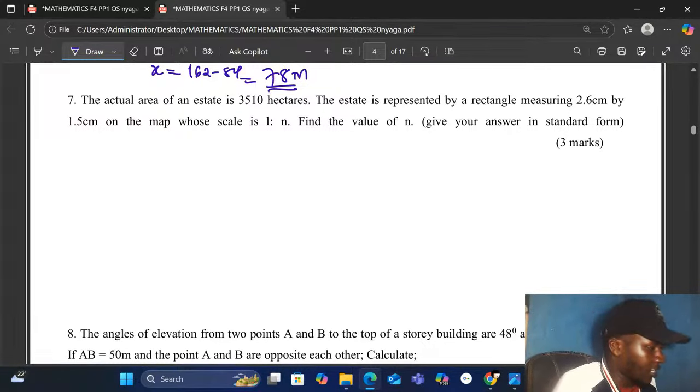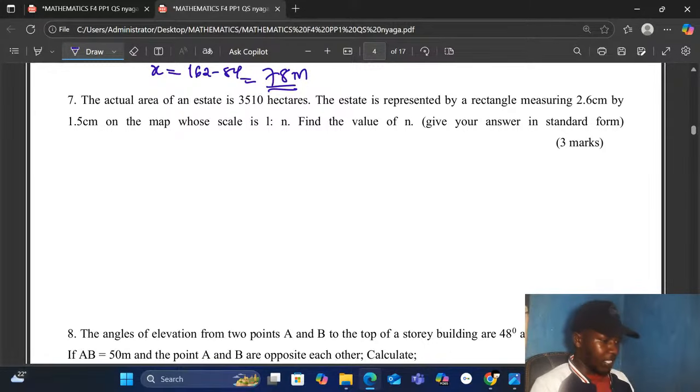The estate is represented by a rectangle measuring 2.6 centimeters by 1.5 centimeters on the map, whose scale is 1 to n. I mean, find the value of n. Then you give your answer in standard form.